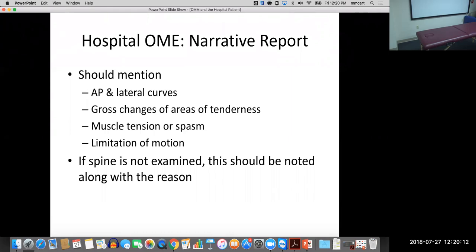I mean, you can do that if that's what you find and you went that extra mile, but that's not a requirement. And then if the spine isn't examined, again, you have to document why you didn't examine that. Any questions so far in here or in our outlying regions?